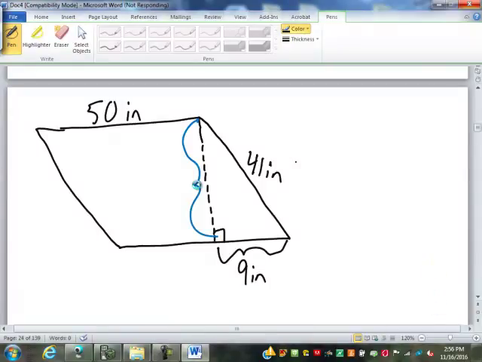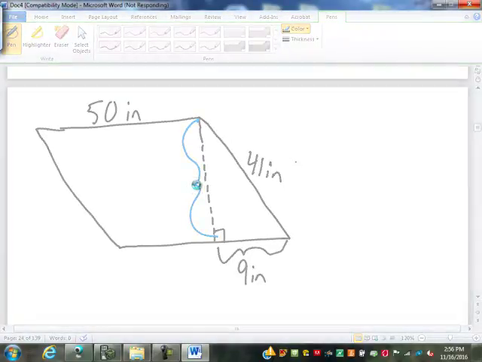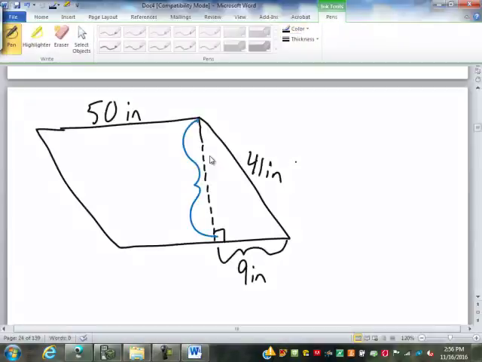Let's see. What'd you get for the height here? We didn't do it that way. Didn't do it that way? What'd you do? We took the height and we took that entire piece, we brought it over to the other side. Okay. And it was 50 minus 9 would be 41.